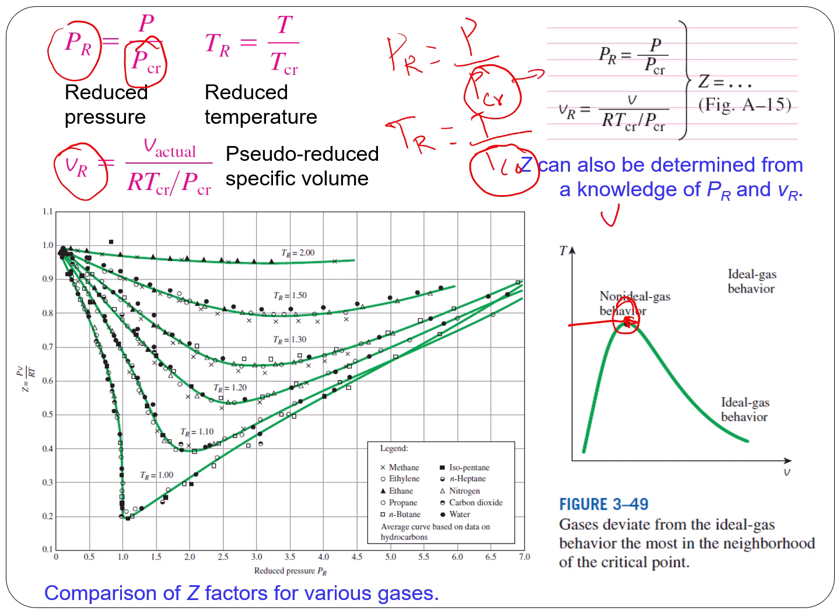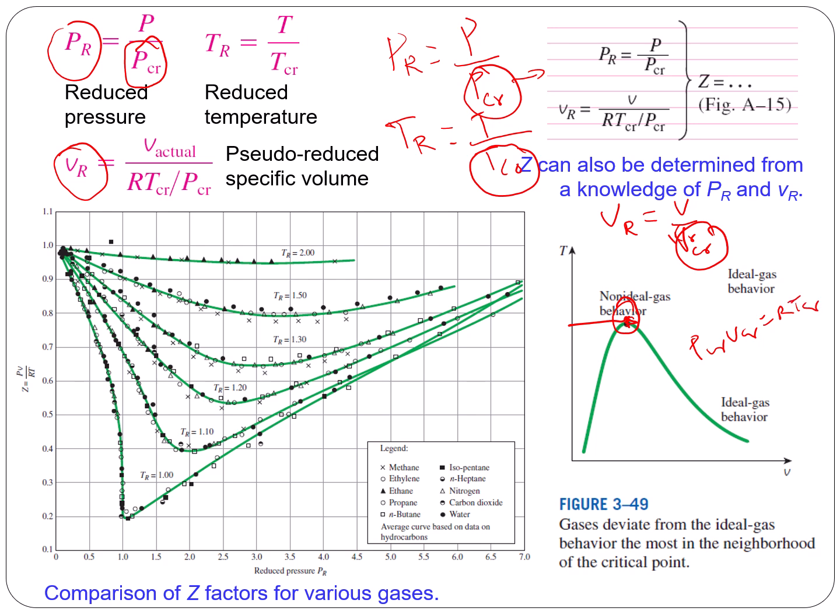V reduced is V by V critical, and V critical you can write using the ideal gas equation: P critical V critical is R T critical.